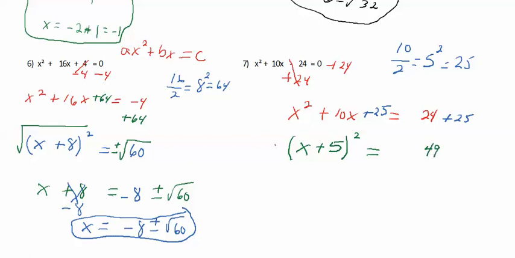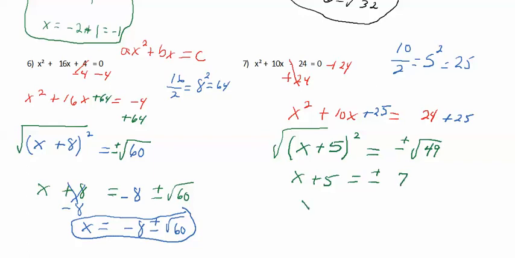Now I take the square root of both sides, plus or minus. So I have x plus 5 is equal to plus or minus 7, because the square root of 49 is 7.